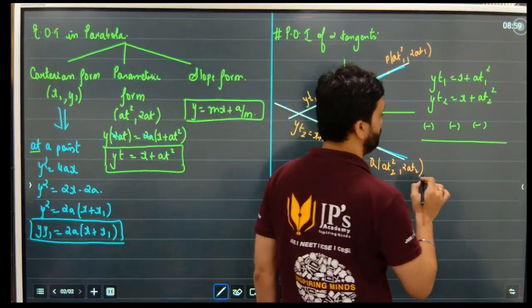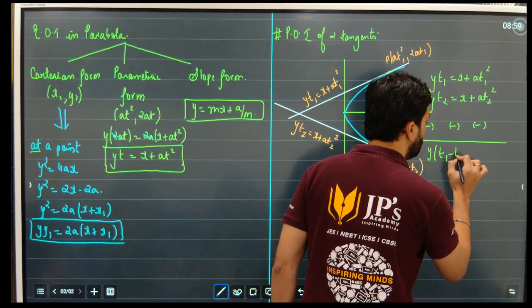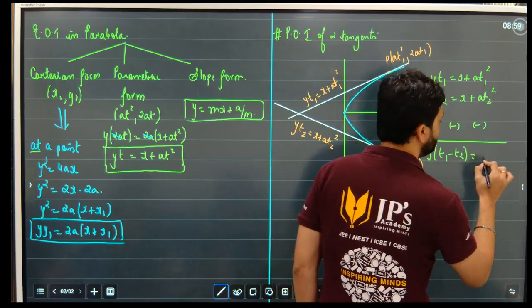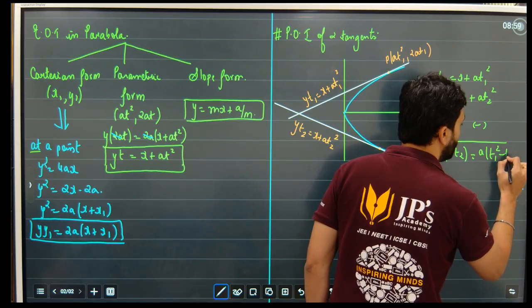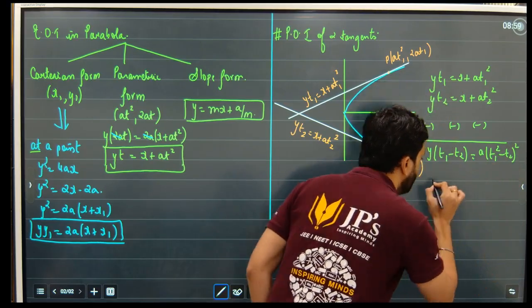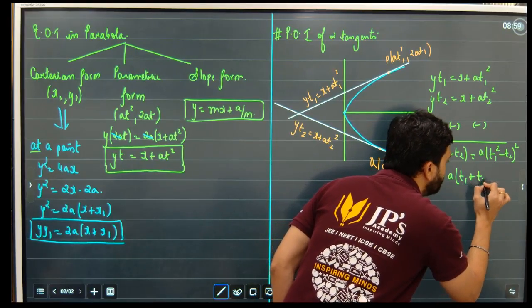If I subtract them, my x term gets eliminated. I will get y(t1 minus t2) is equal to a(t1 square minus t2 square). Therefore y will become a(t1 plus t2).